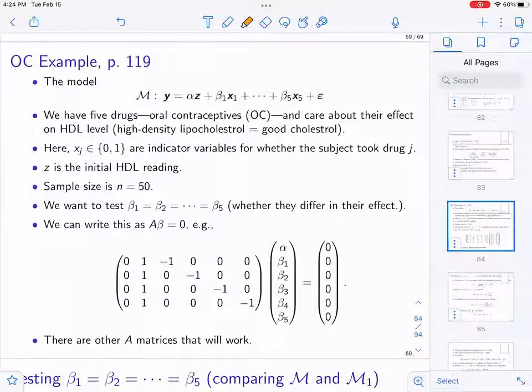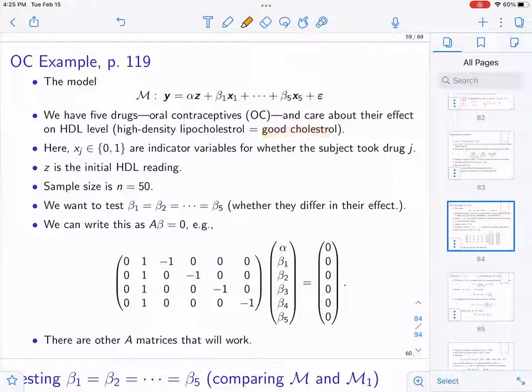So we have this model. This is from your book. This is an experiment, I believe. Maybe it's real. Let's say you have 5 drugs, and you want to see the effects on blood cholesterol level, HDL, good cholesterol.